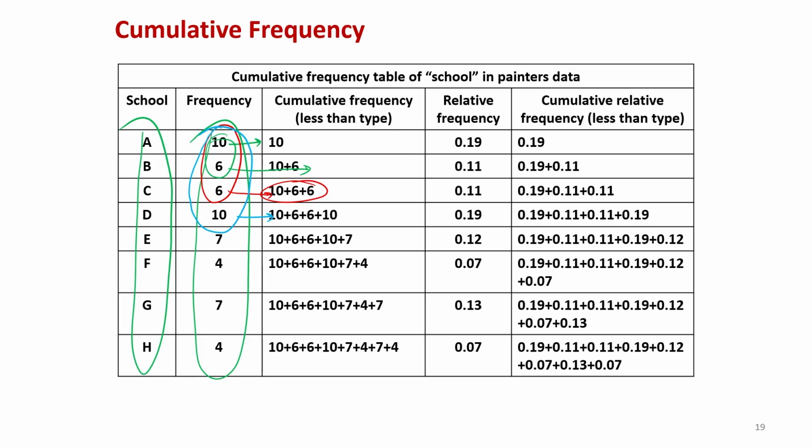And similarly, if you want to go for the relative frequency, the same thing happens here. Here these are the relative frequencies, and then we are getting the cumulative frequency of the school A as this first value, and then for the second school B, the cumulative frequency is 0.19 plus 0.11 like is here.